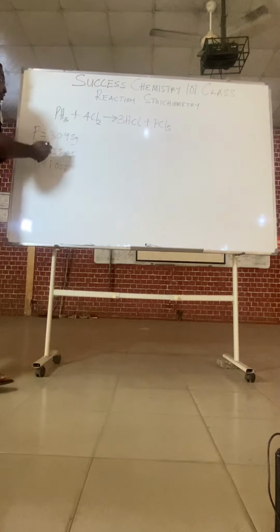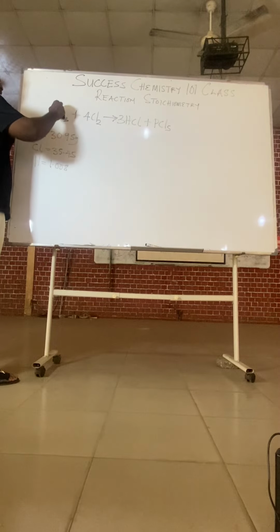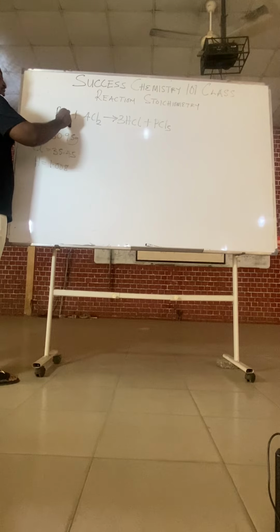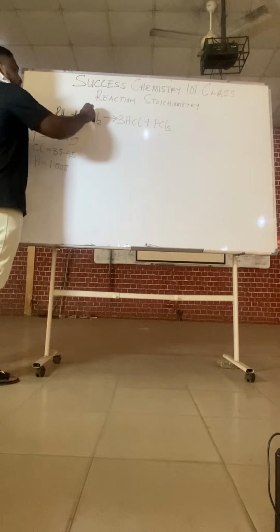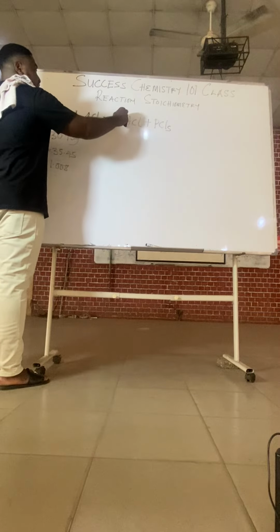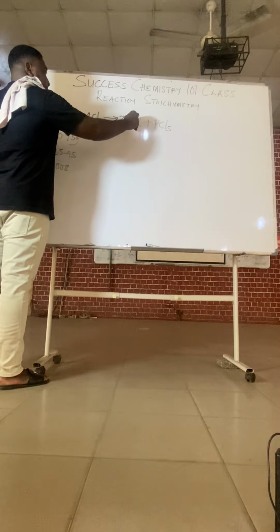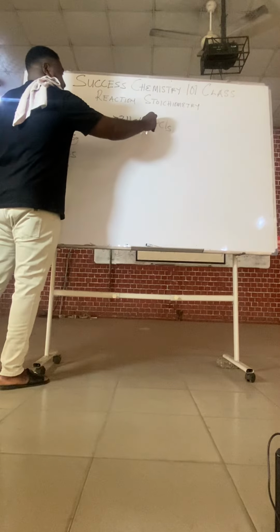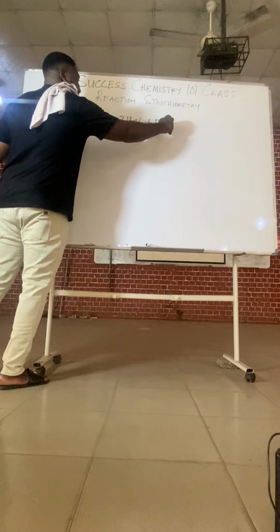We're given this chemical reaction: PH3 plus 4Cl2 to give 3HCl plus PCl5.